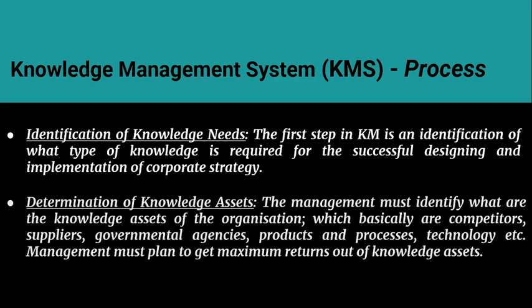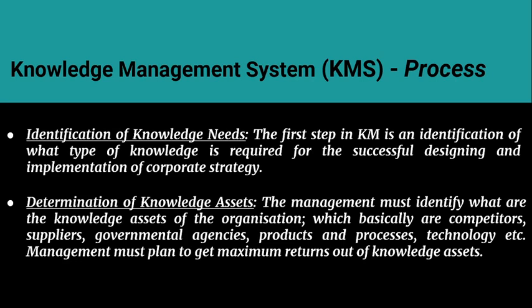Next step or next process, determination of knowledge assets. Now what are these knowledge assets? These are basically the competitors, suppliers, government agencies, products, technologies and many other things from which the knowledge can be acquired. So those are called the knowledge assets.